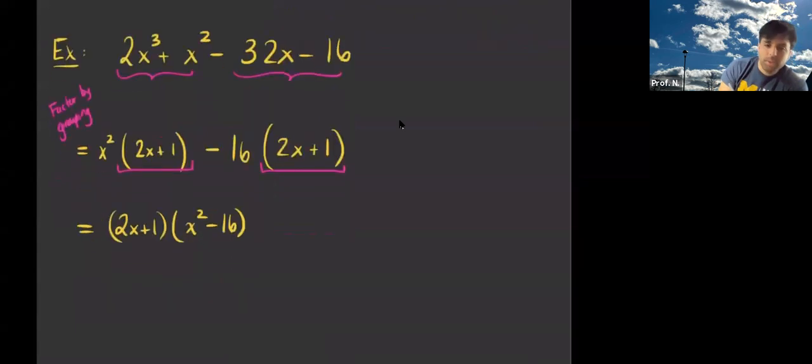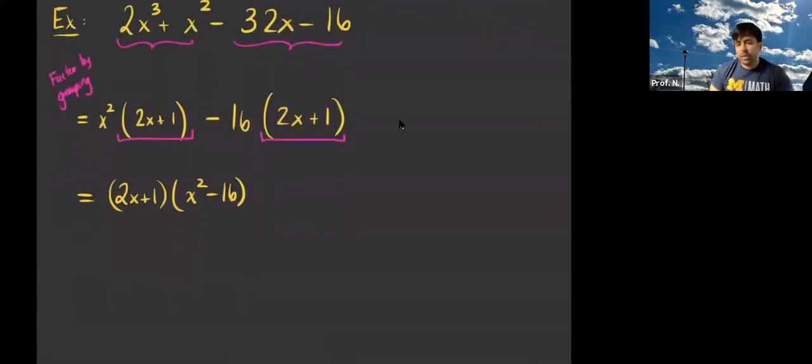But then does anybody notice something about one of the factors, 2x plus 1 and x squared minus 16? What do you notice about this? x squared minus 16 is also a what? Can I factor this further?